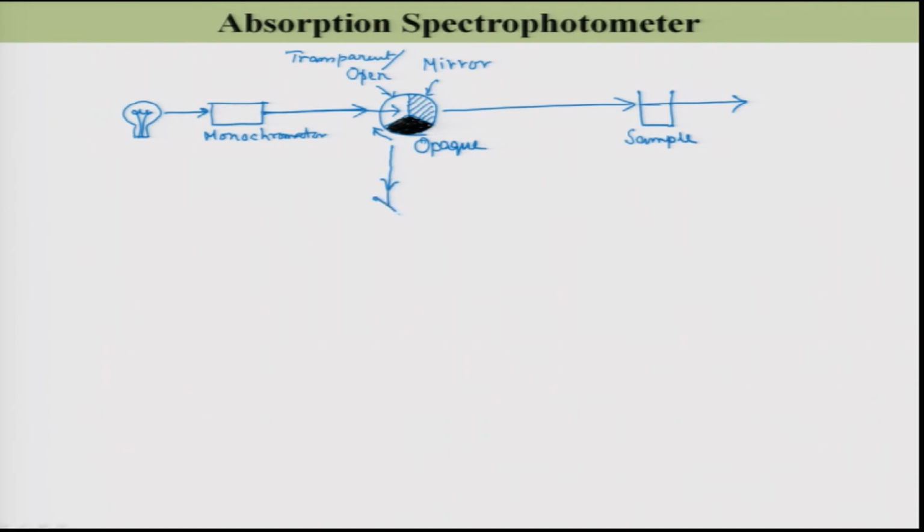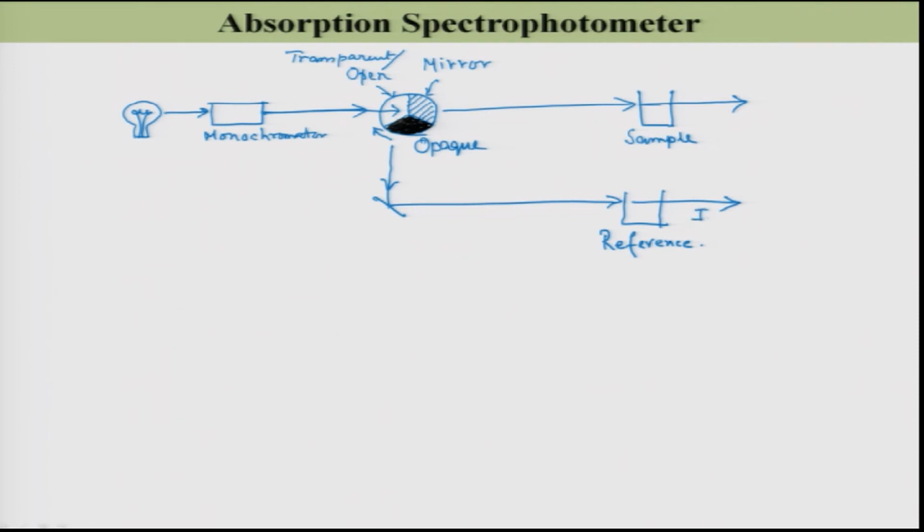and then I have another set of mirror over here, and it will pass through a place where the sample is not present. That means, this is my sample and this is my reference, right.